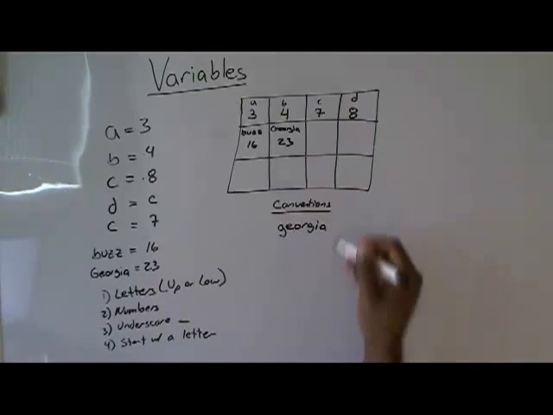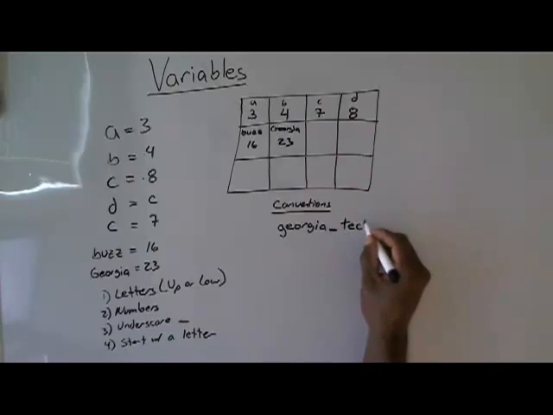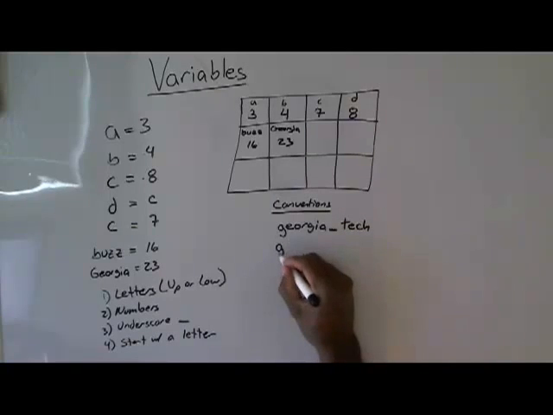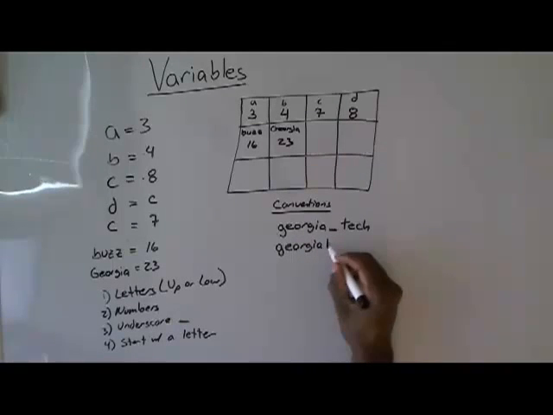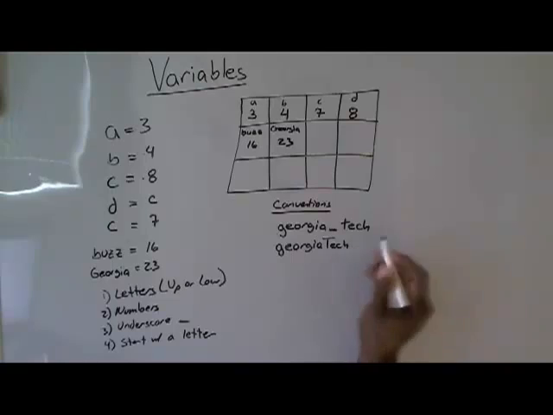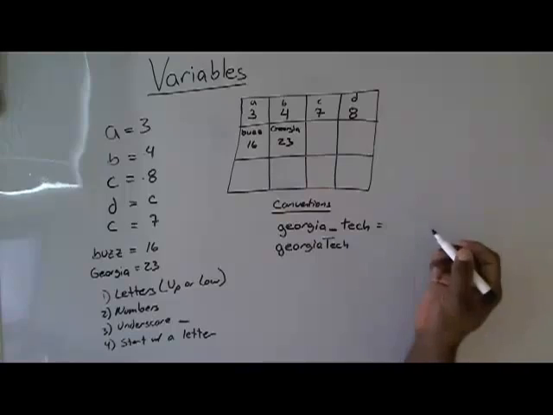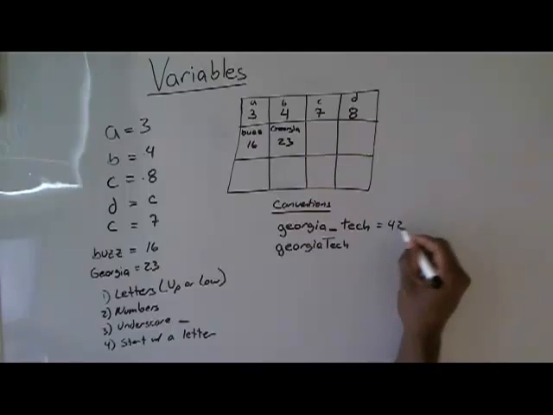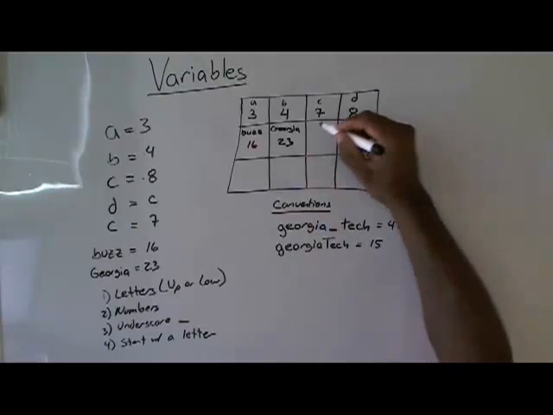If it's a 2-word, I would either do Georgia underscore Tech, or I would do something like Georgia and then capitalize the first letter of the second word so that it looks a little different. And these are variable names as well.